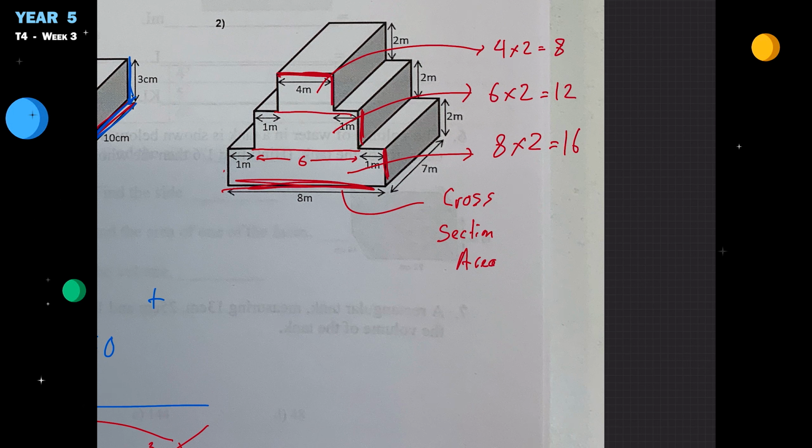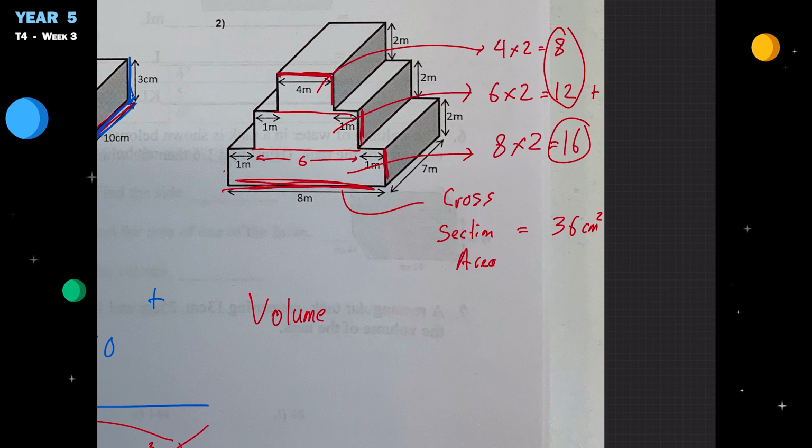Alright. Now if we add them all up, 8 plus 12 is 20, 20 plus 16 is 36. So the area of the cross section is 36 centimeters squared. Now to find the volume, all we gotta do is take the cross section area and multiply by how long you're stacking it in whichever direction.